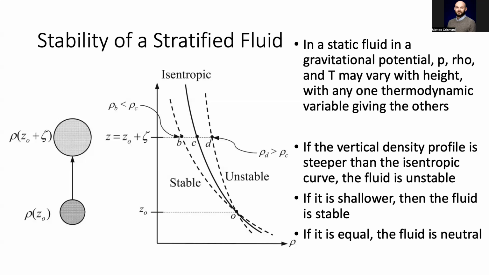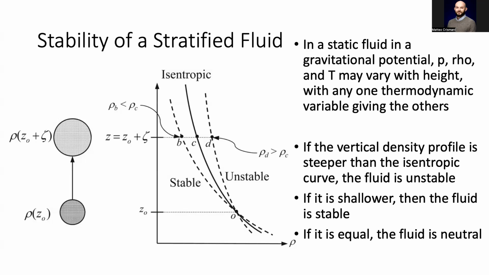So what happens to this parcel of fluid? Volume changes to compensate, right? And maybe the parcel of fluid is now steeper than the isentropic fluid. So let's imagine that for a second. Steeper, by the way, is more up and down.